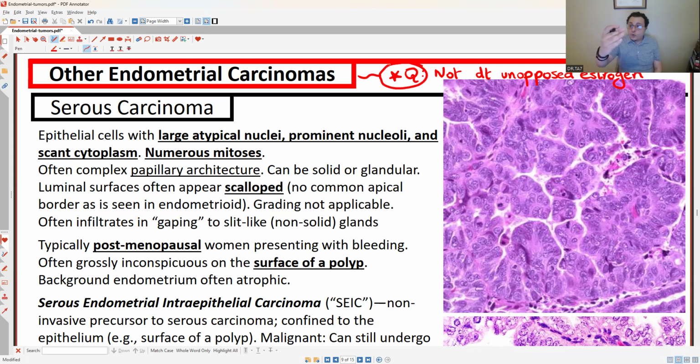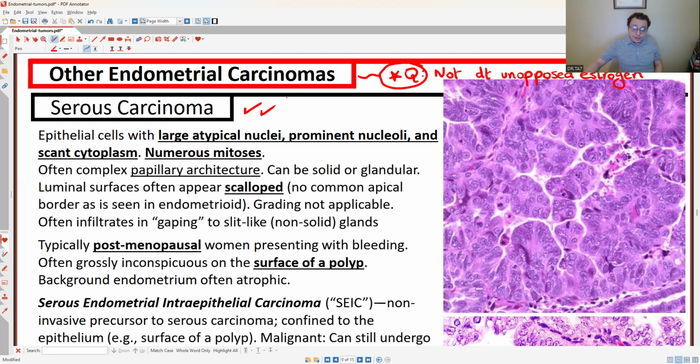So you need to know that all the subsequent entities, including serous carcinoma and clear cell carcinoma, are not really dependent on estrogen. What's really dependent on estrogen is the endometrioid adenocarcinoma that we covered in the previous lecture.